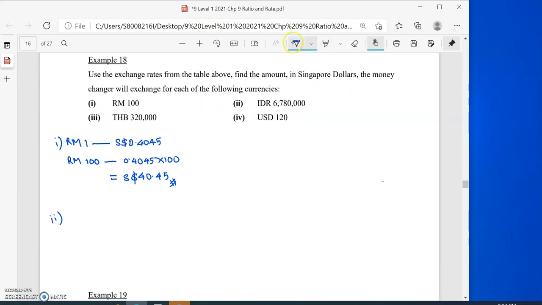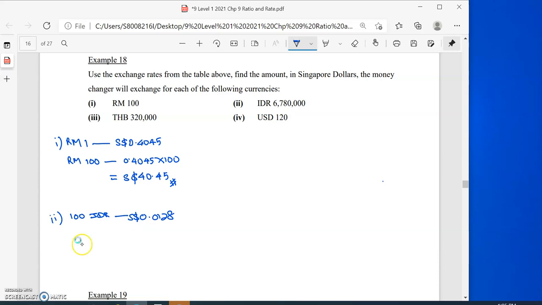All right, I would now know that for every 100 IDR, Indonesia rupiah, the money exchanger will pay me 0.0128.